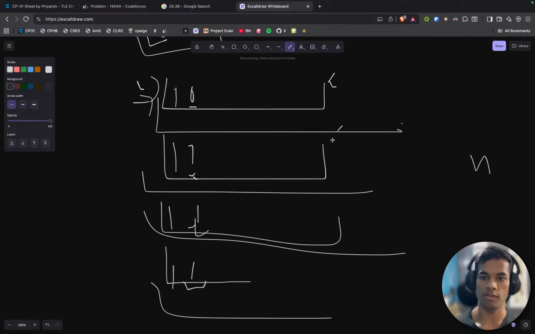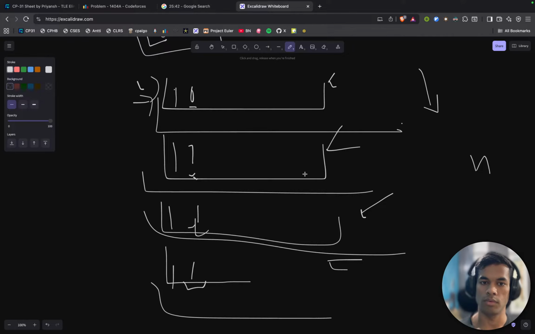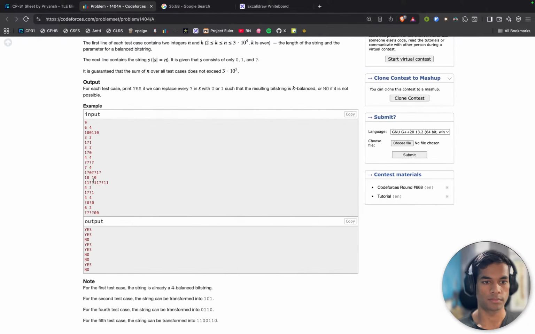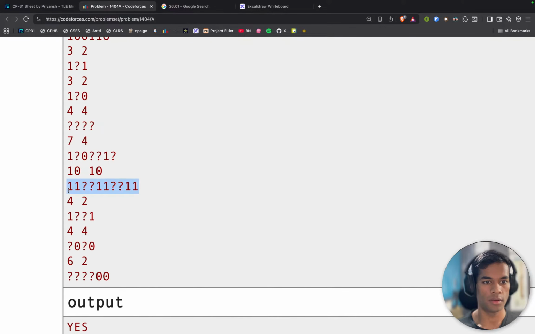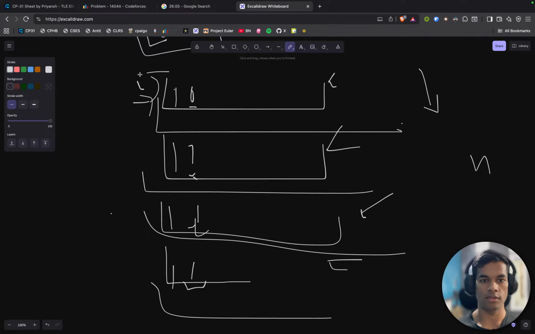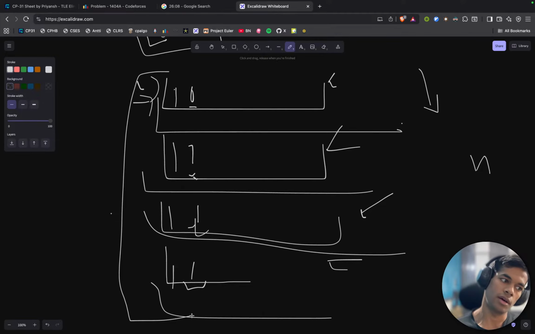If we add the length of this piece, this piece and this piece, we can go through them like this. Okay, this makes sense. So we will just split the string like this into a vector of strings.